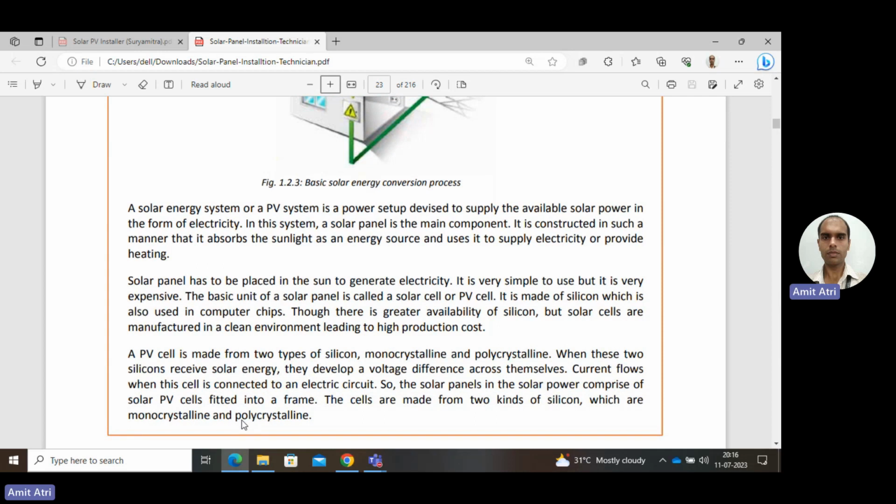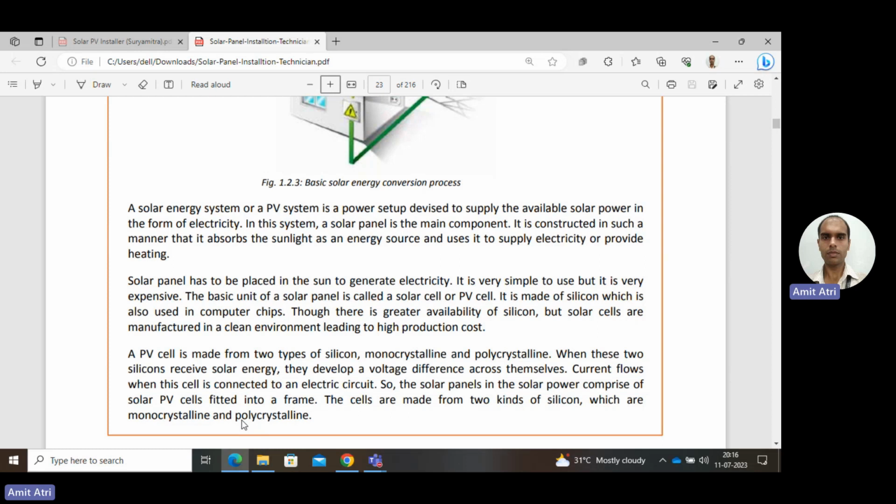Okay, now just a brief introduction to these different components. Solar energy system, or a PV. PV stands for photovoltaic, light to voltage. So a solar energy system or PV system is a power circuit device to supply the available solar power in the form of electricity. In this system, the solar panel is the main component because it converts light into electricity.